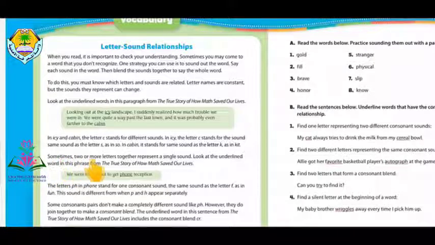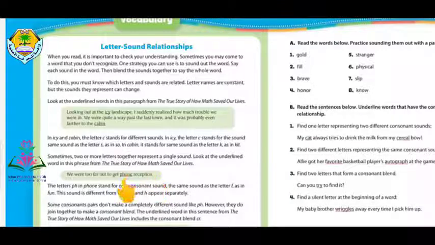Sometimes 2 or more letters together represent a single sound. Look at the underlined word in this phrase from The True Story of How Math Saved Our Lives. We were too far out to get phone reception. Phone.